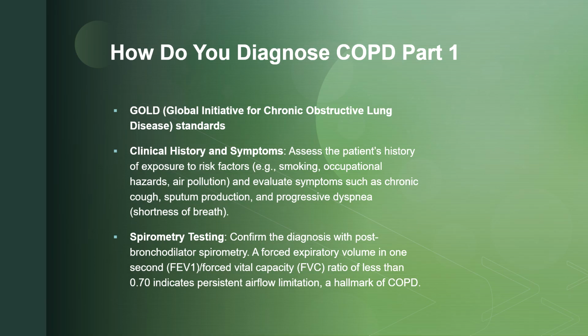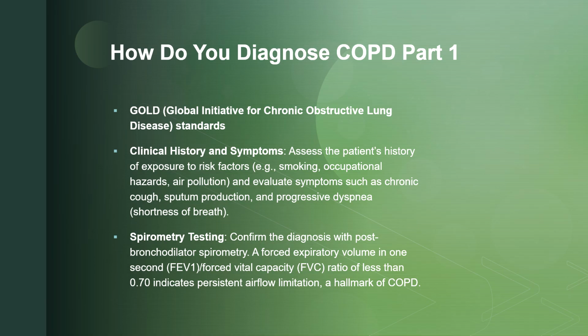The next part of that, we get into what is called spirometry testing. I'm going to get a lot more into spirometry testing, but regarding the diagnosis of COPD, the purpose of spirometry is to confirm the presence of persistent airflow limitation, which is a defining feature of COPD. So they conduct a post-bronchodilator spirometry to measure lung function.